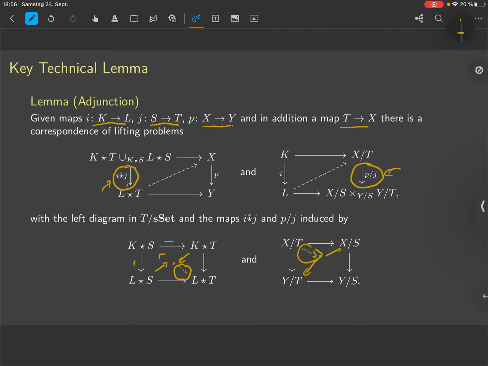Okay, and a note here that for this to work, we of course need a map T to X, and the left-hand side diagram, this diagram here, lives actually in the slice category under T. And how does everything here live under T?